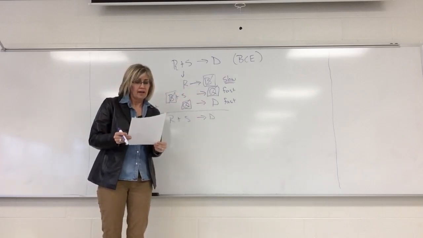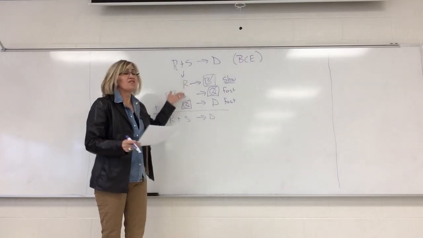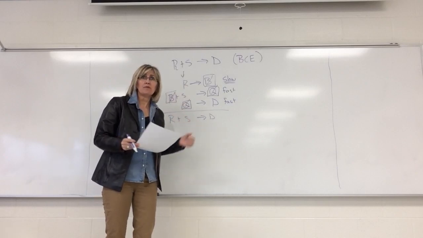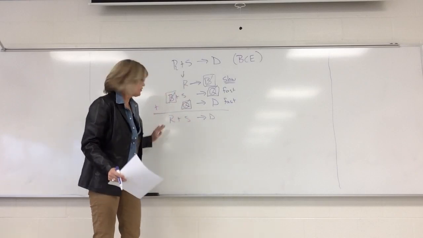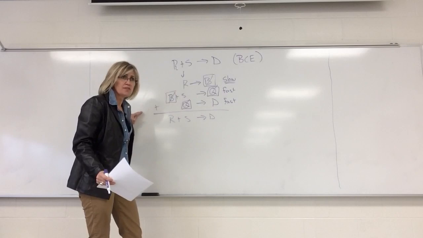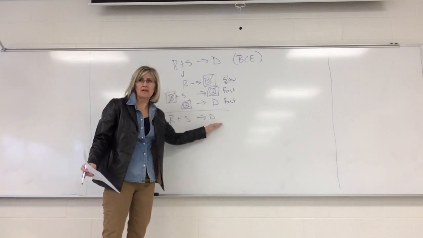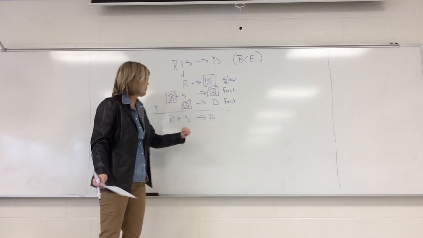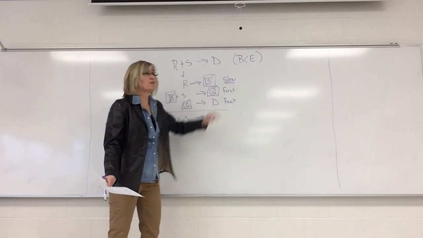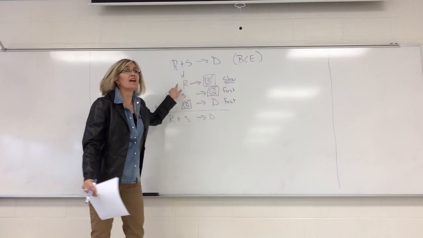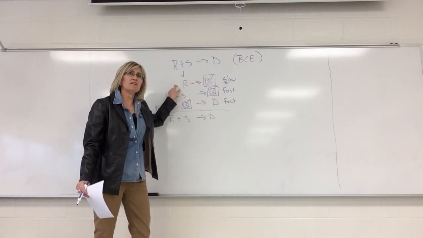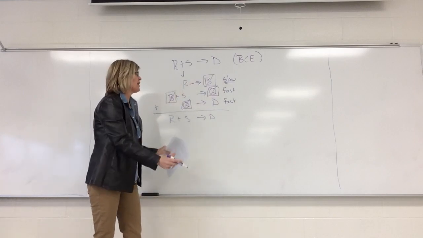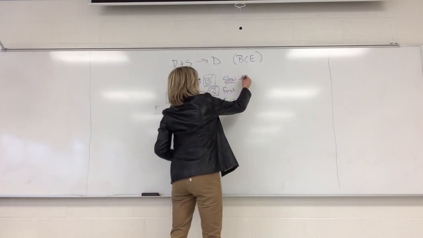And then I think everything is fine from our rules. The elementary steps add up to my balanced chemical equation. There's only 1 slow step. The slow step does not have an intermediate species in it. So the rate law then has to be from this step.